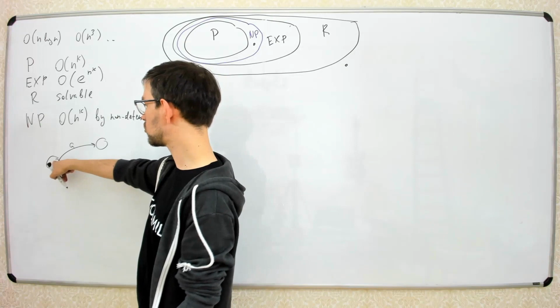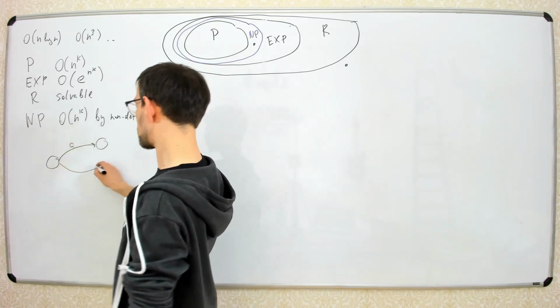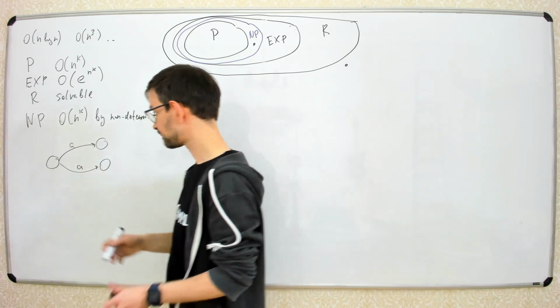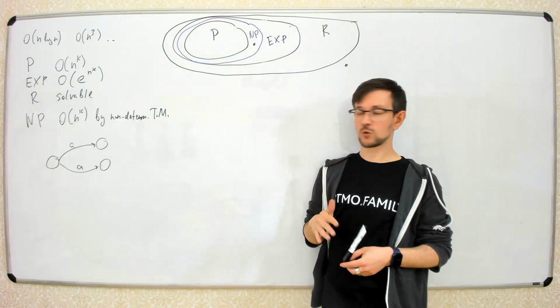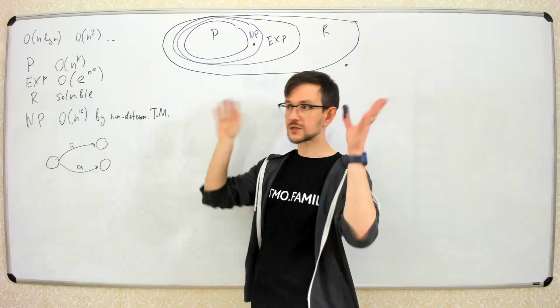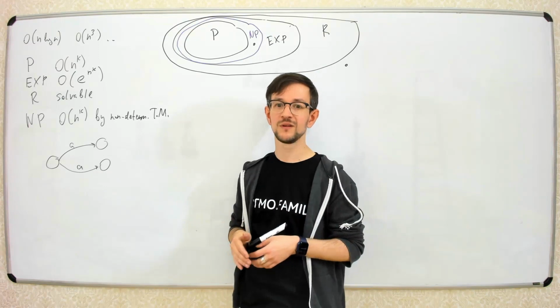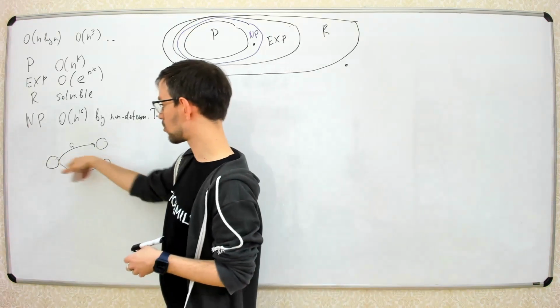If you see this character A, you may move to this state, or you may move to this state. This transition is not deterministic. So you ask someone for help, and they tell you to go here or to go here.